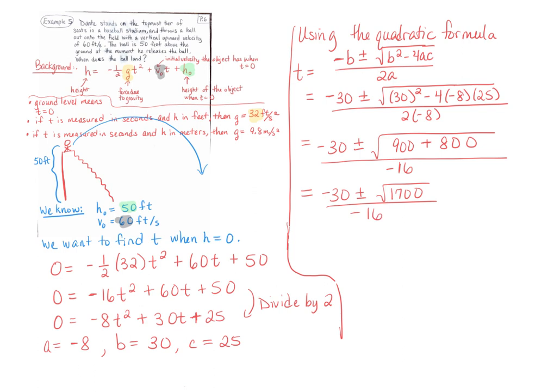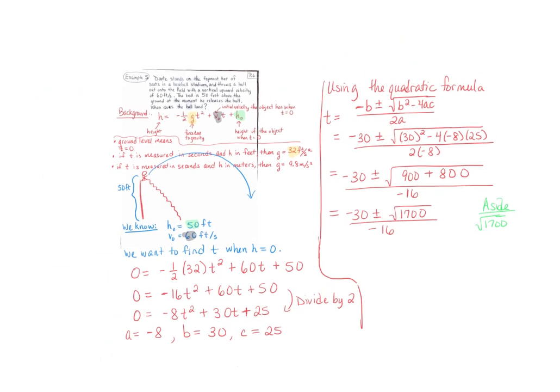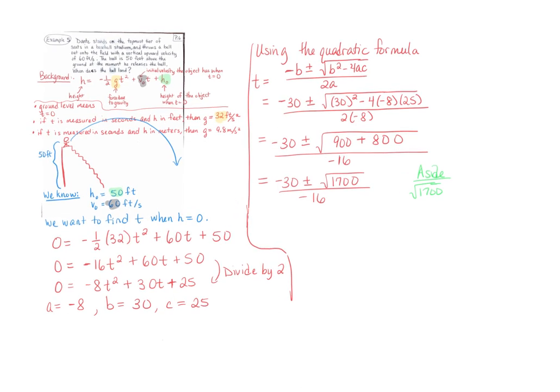And an aside, remember that the square root of 1700 is the same thing as the square root of 17 times the square root of 100, but the square root of 100 is 10.